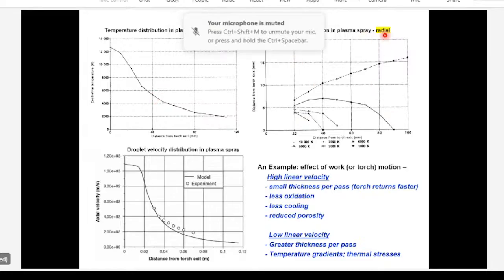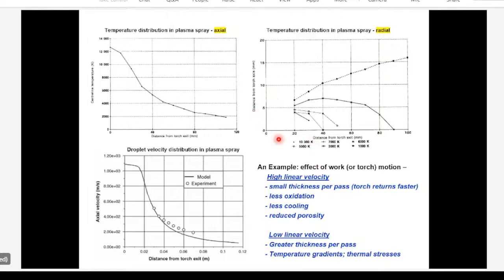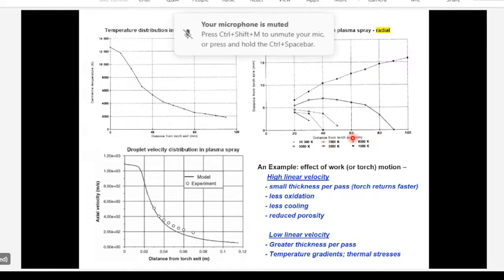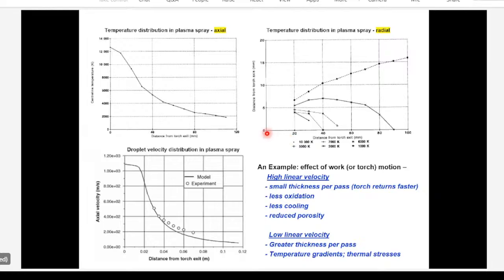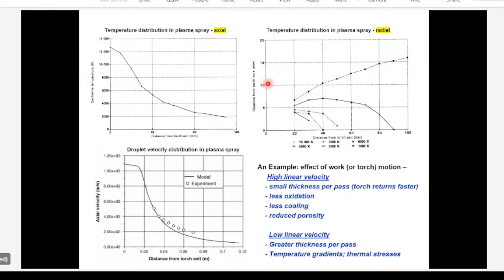Similarly, the second graph shows you the radial temperature distribution. On the x-axis, you have the distance from the torch exit, so this is the distance along the center line. And on the y-axis, you have the radial distance from the center line, going perpendicular to the center line axis. You're looking at how temperature changes in the radial direction, and these are isotherms, constant temperature lines.